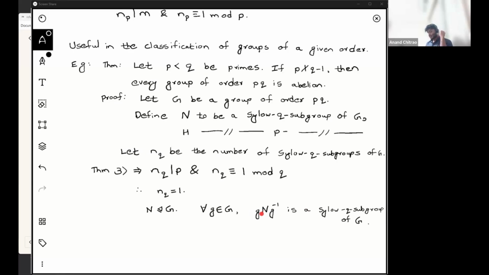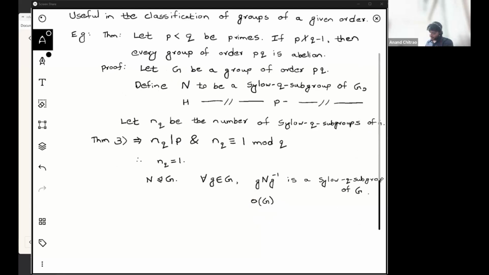First of all, the conjugate of a subgroup is a subgroup. Then the order of g N g inverse is the same as the order of N. So that says the order of g N g inverse is a power of Q. And then we have to show that Q doesn't divide the order of G divided by the order of g N g inverse.